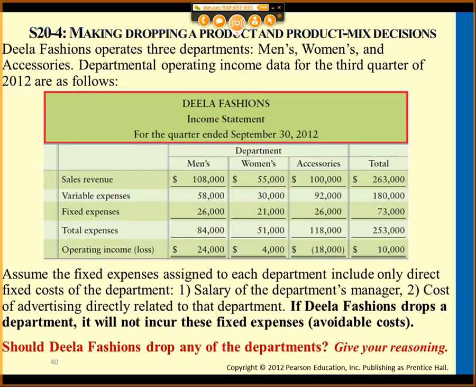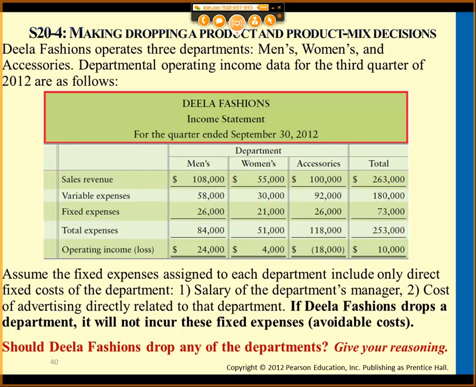Don't you subtract the 18,000 instead? Would it increase, and what would happen? The operating income, if you drop accessories, will increase $18,000.